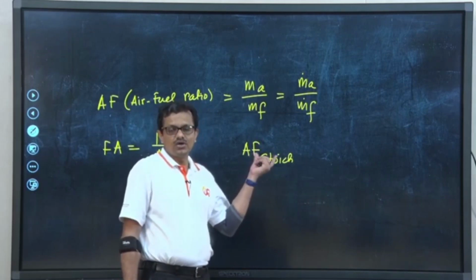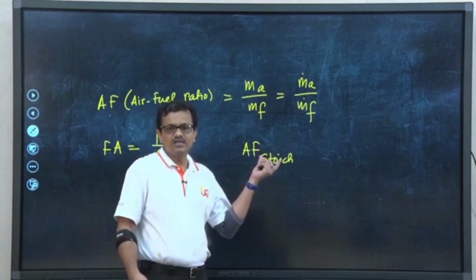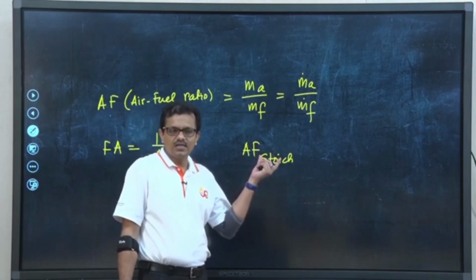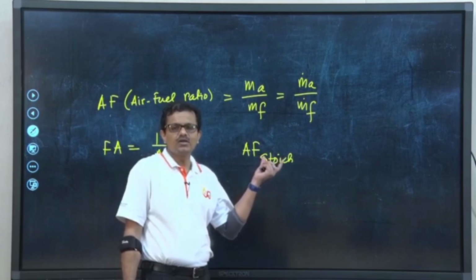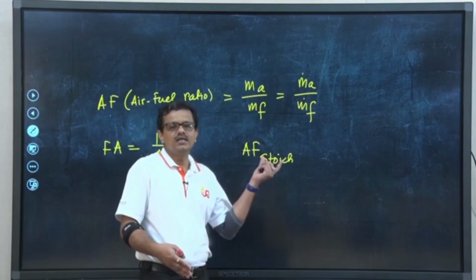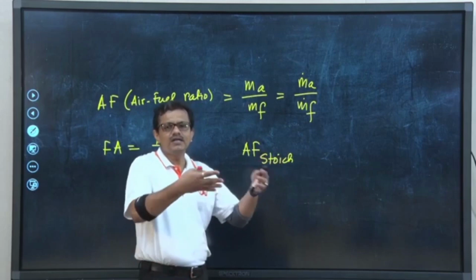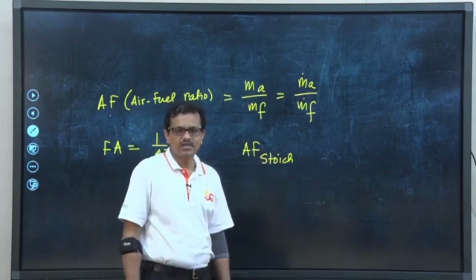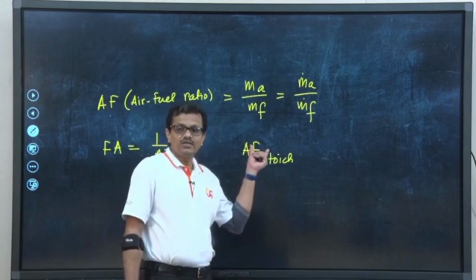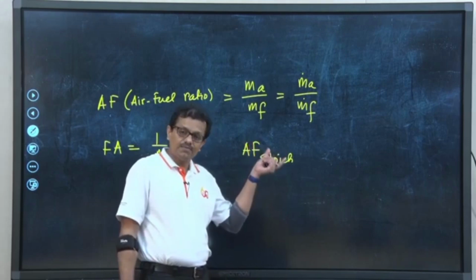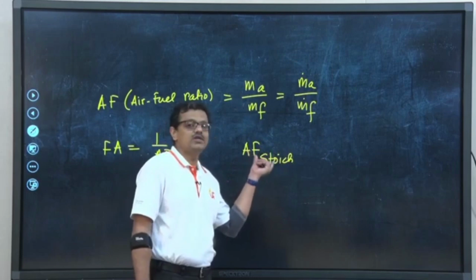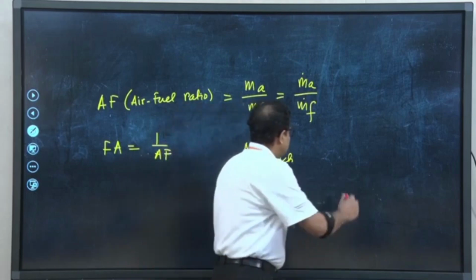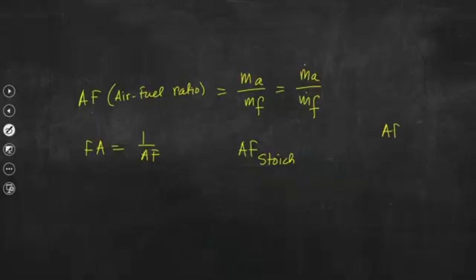So, depending on whether we need to run the engine in the power zone, or in a place where ambient temperature and ambient conditions are not the same, the air fuel ratio required to run the engine at the prevailing condition will not be equal to the stoichiometric air fuel ratio. So, this actual air fuel ratio will be somehow different from the stoichiometric air fuel ratio.